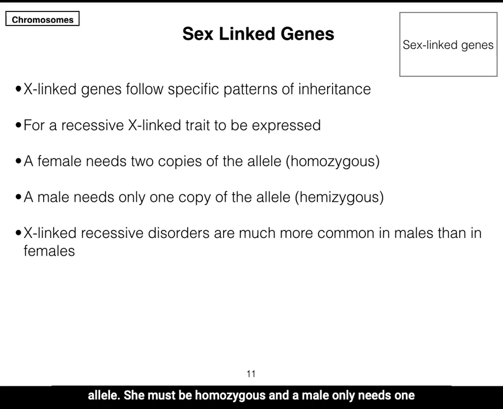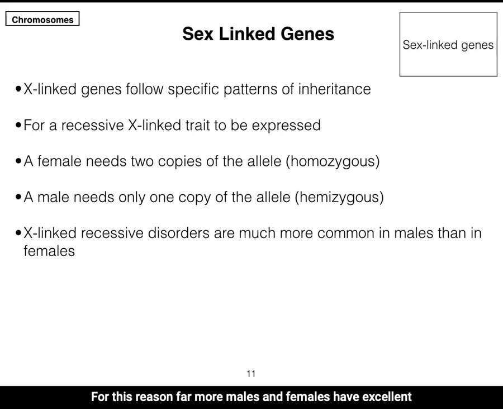She must be homozygous. And a male only needs 1 copy of this recessive allele. He will be hemizygous. Because males only have 1 locus, the terms homozygous and heterozygous lack meaning when describing their X-linked genes. Instead, hemizygous is used to define the male single copy of the X-linked genes.